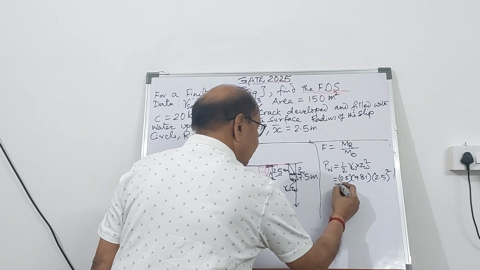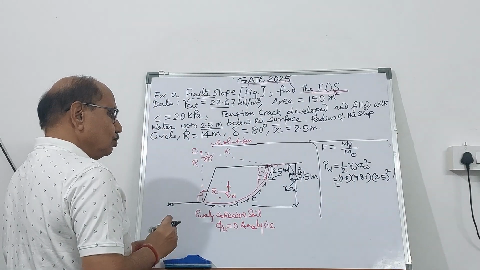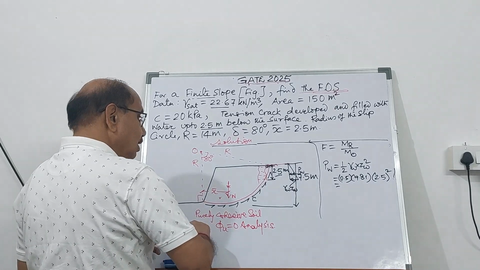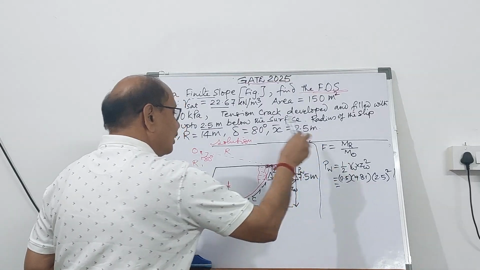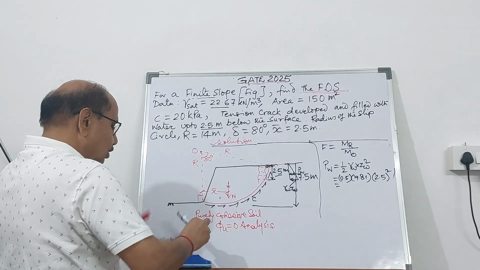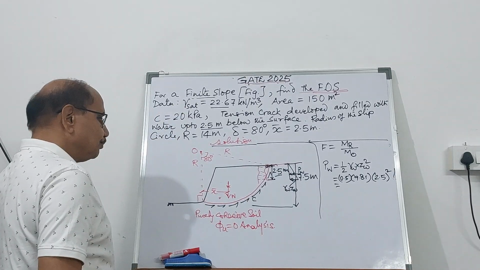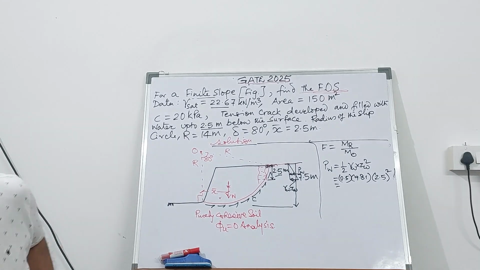So you can calculate the lateral thrust, this additional force will contribute to overturning moment about the point O. It is trying to overturn the slope.